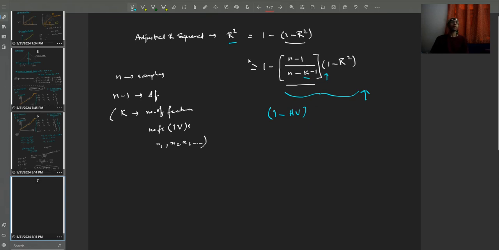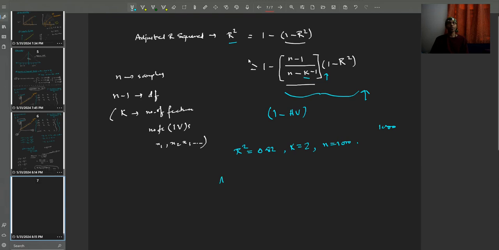Now in our example, where there are 1000 data sets, right? In this example, let's say the R squared was 0.82, or about 82%, right? And the equation had two variables, that is k was equal to 2 and n was equal to 1000.